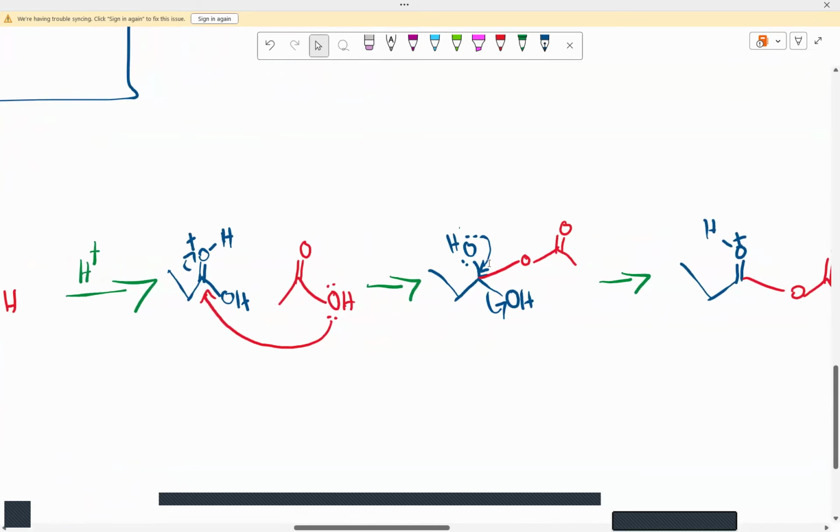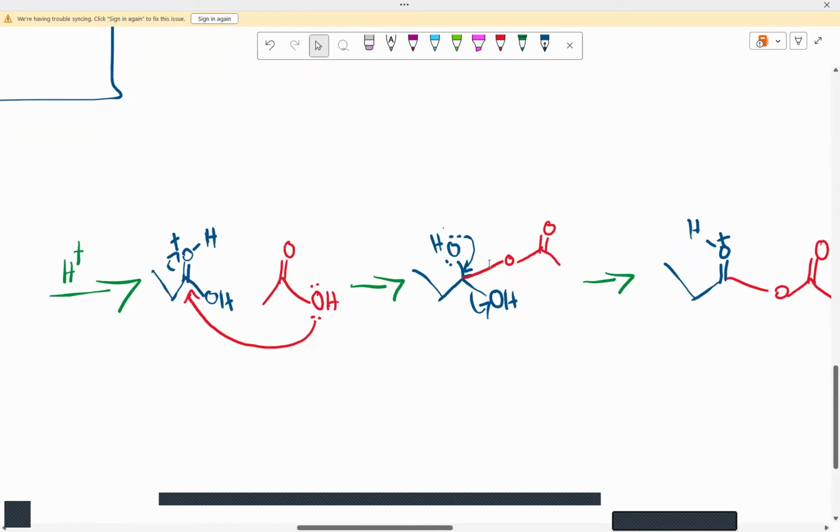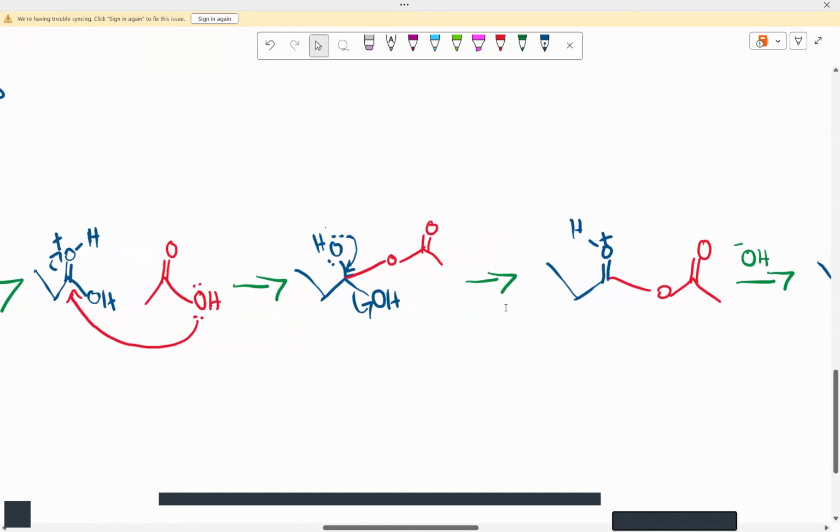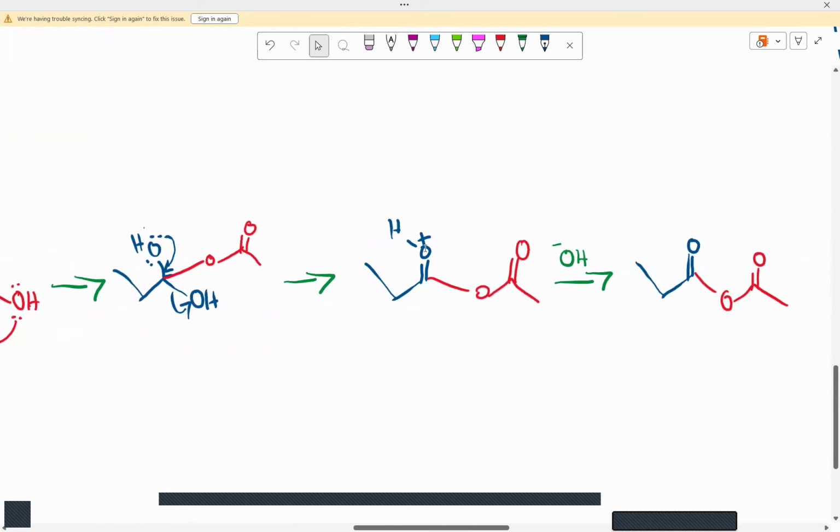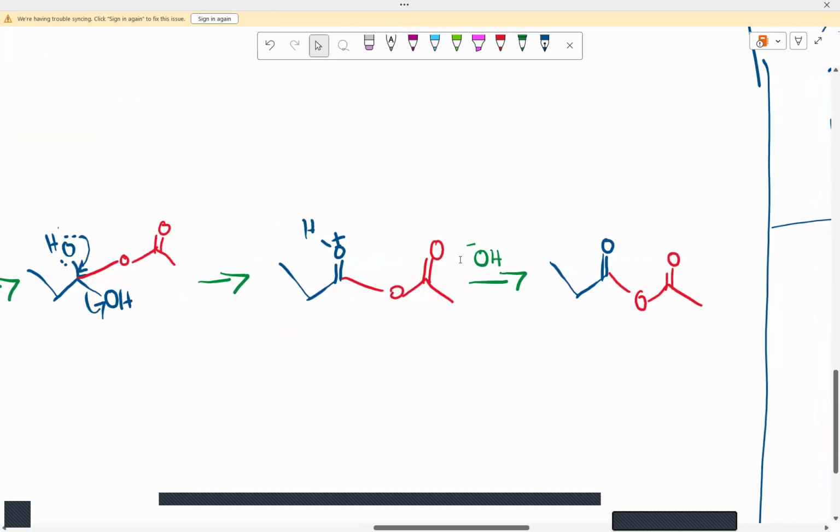Then the lone pair can collapse and kick off the hydroxyl group. So then you're left with a positively charged carbonyl group, which is not good. Three bonding pairs, one lone pair. And then some base can come and take off that hydrogen. And you're left with an anhydride.